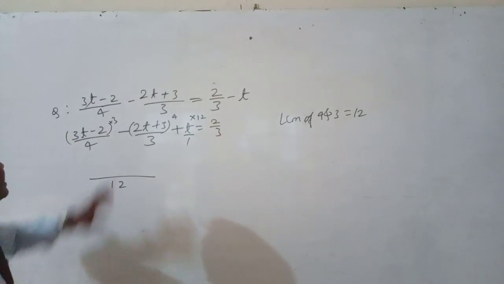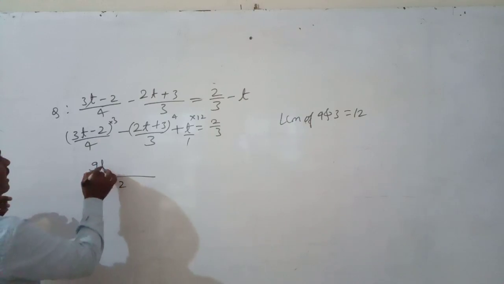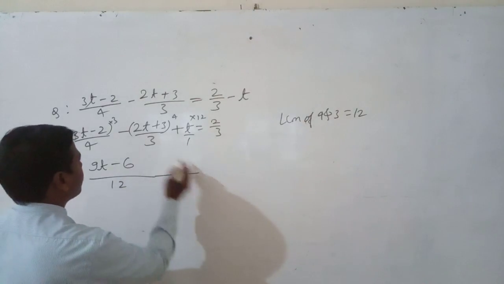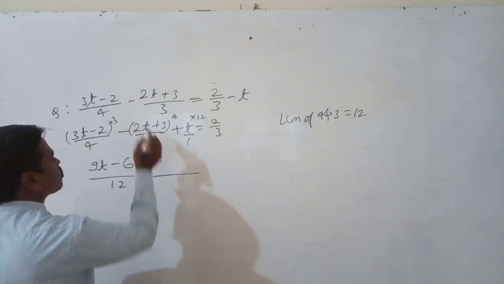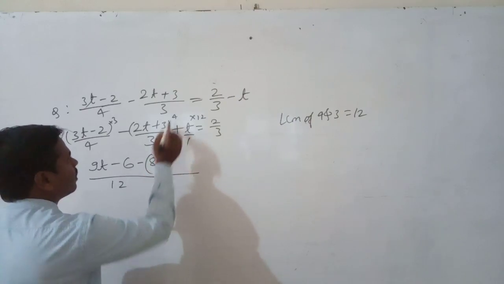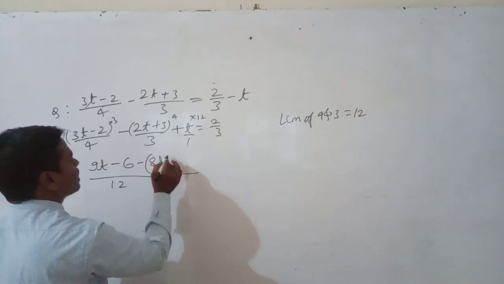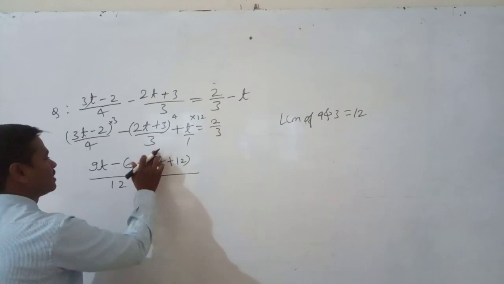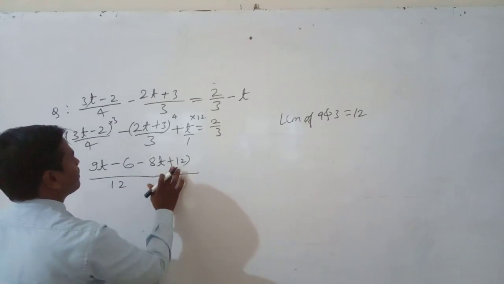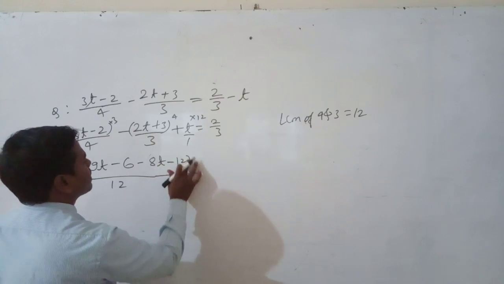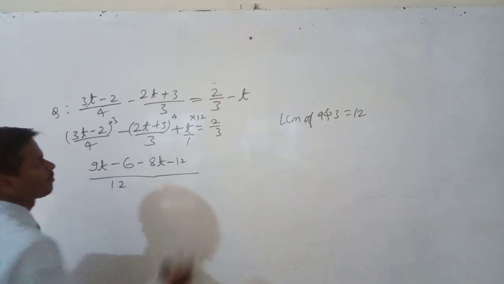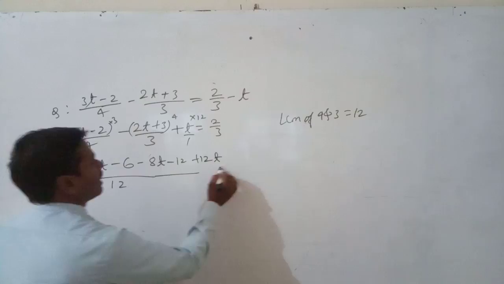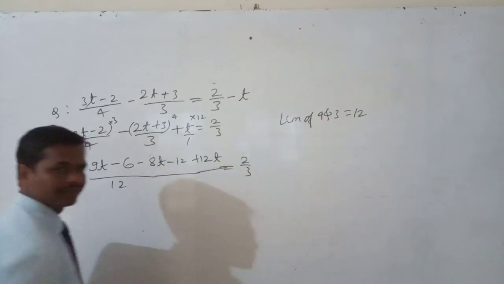What is your answer? 3 into 3 is 9, 3 2s are 6. Minus is there. 4 2s are 8, 8t. 4 3s are 12, plus 12. If you multiply here, minus into plus, minus it will become minus 12. You can remove the bracket. Plus 12t, 12 into t is 12t. RHS 2 by 3.